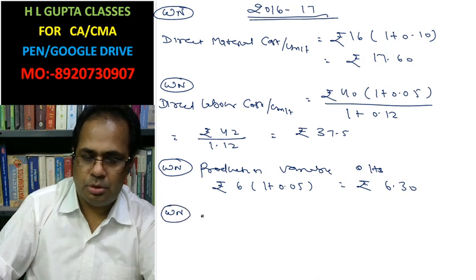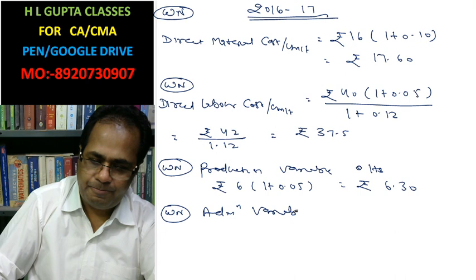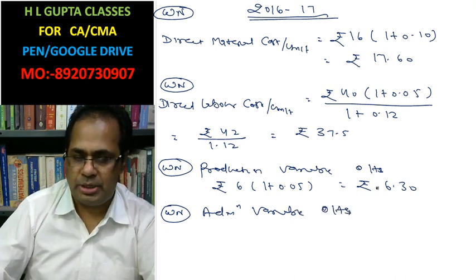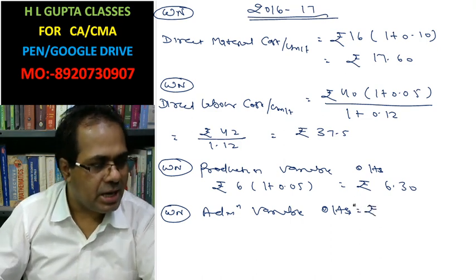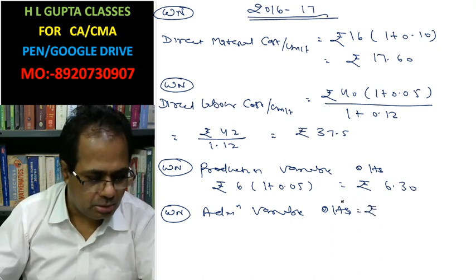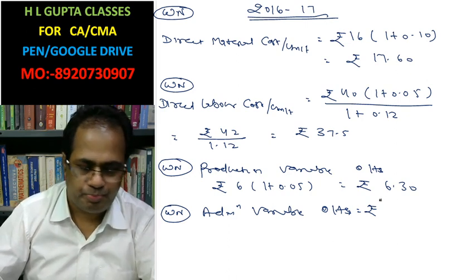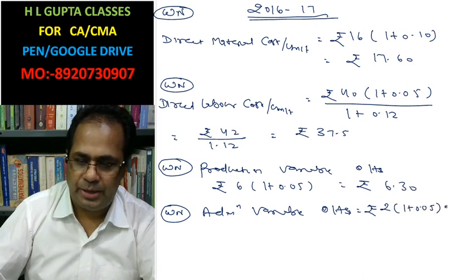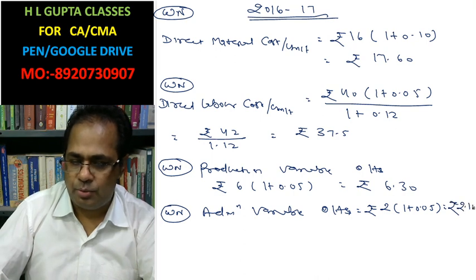Working note: administrative variable overhead is rupees 2. It is increased by 5%, so 2.10.